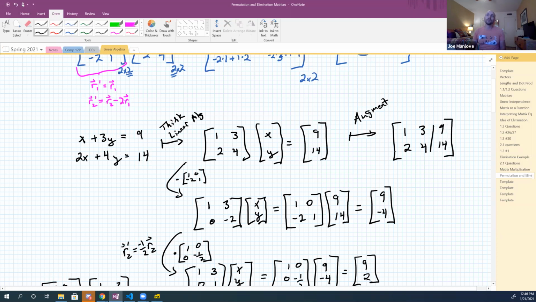And then you can treat this whole thing as a single 2x3 matrix and do the multiplications with it. You just keep that bar in there.